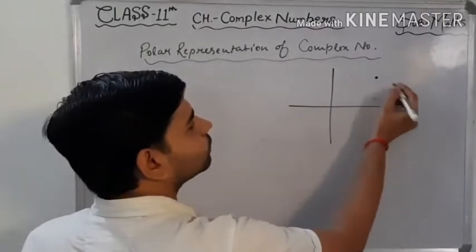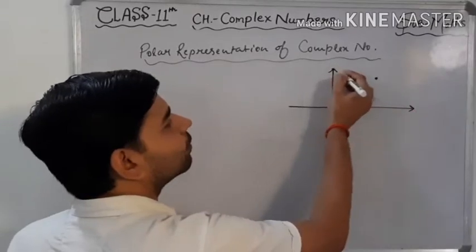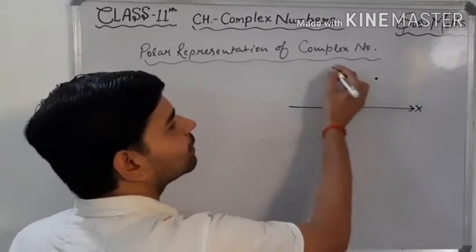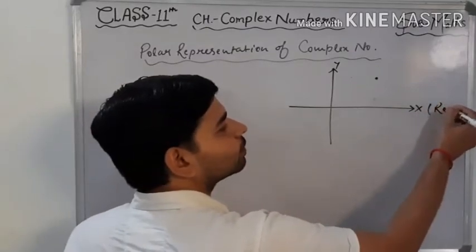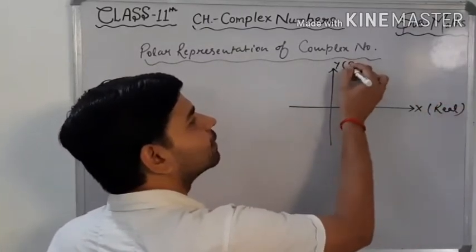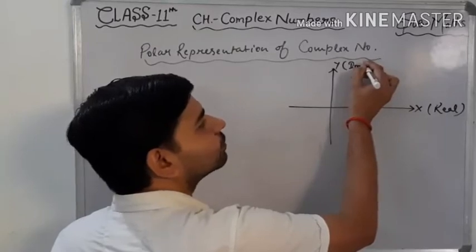Consider a point. In complex numbers, the x-axis is the real axis and the y-axis is the imaginary axis.